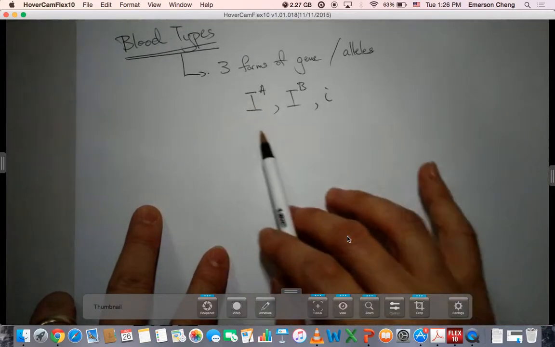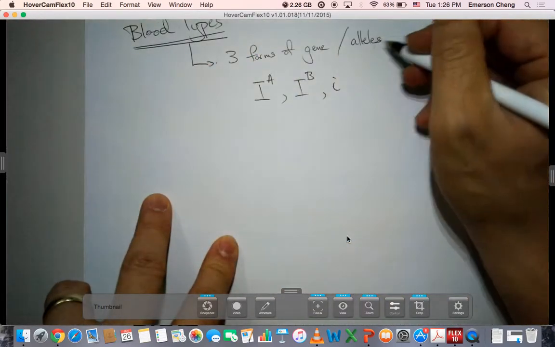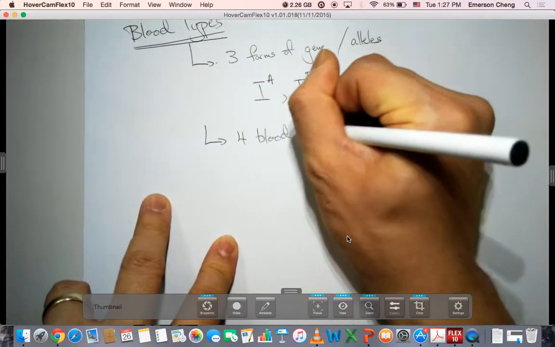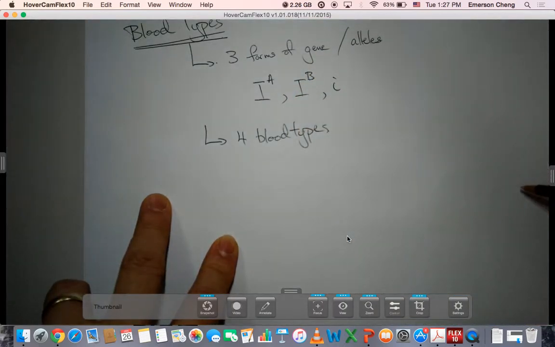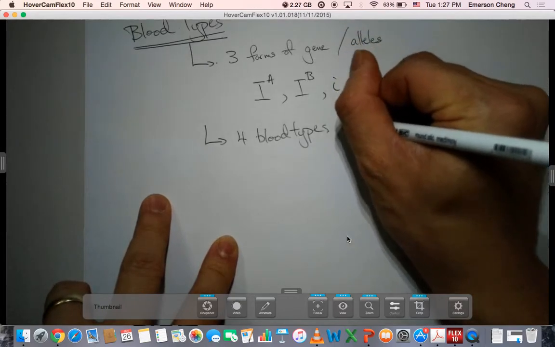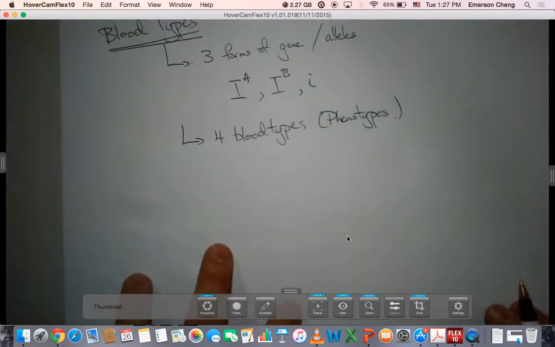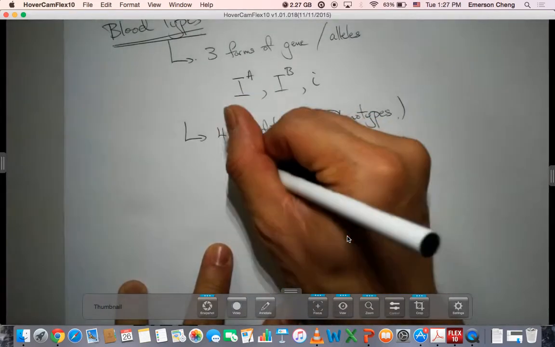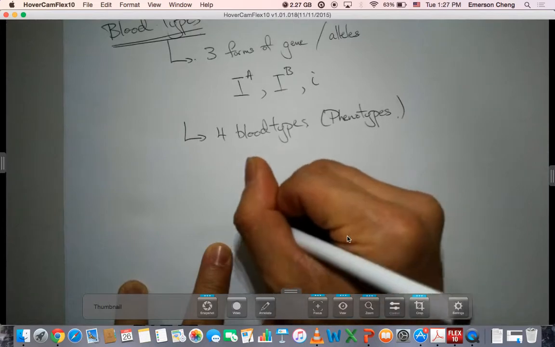There are three forms of this allele, and from these three forms of the allele you get four different types of blood type. If you think about four blood types, would they be genotypes or phenotypes? Phenotypes. So for phenotype, what kind of blood type can you get? A, B, O, AB.